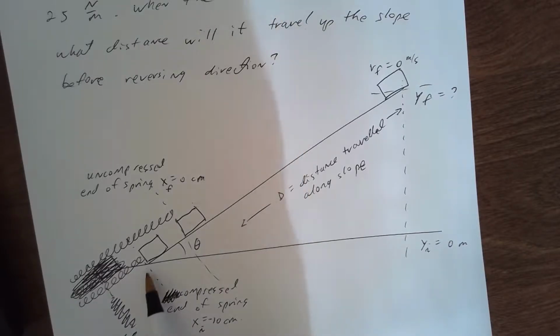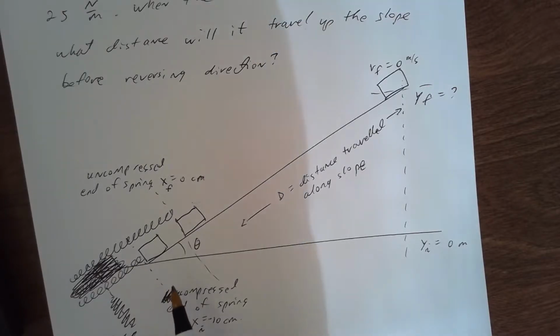So we measure the position of the end of that spring by a coordinate x, and I'm calling the initial x of that spring negative 10 centimeters, negative because the spring has been compressed. If it had been stretched, that would be a positive 10 centimeters.